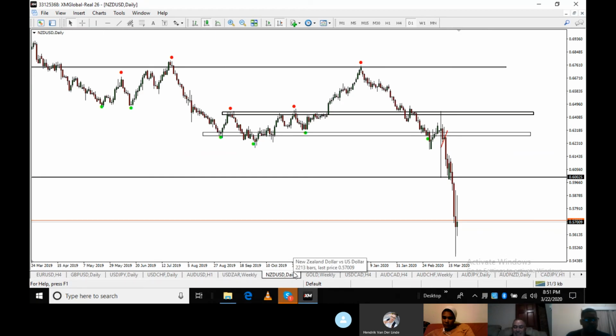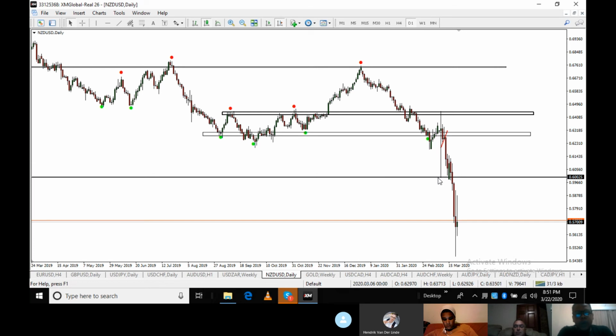NZD USD, pretty much the same thing that I see over here, guys. I see a strong bearish run down. I see a break of a weekly support area, and when weekly zones break, guys, I would just like to let you know that it will really be hard for price to get back into that weekly zone.